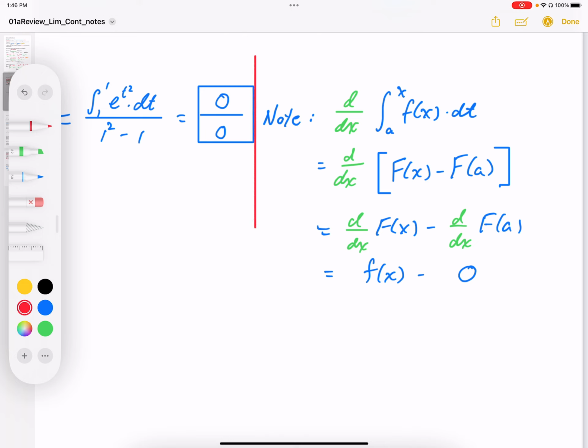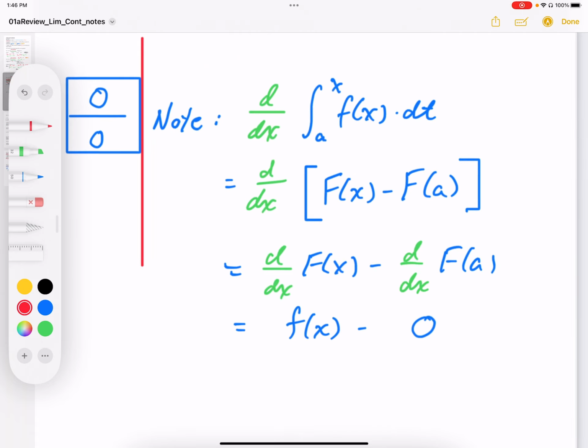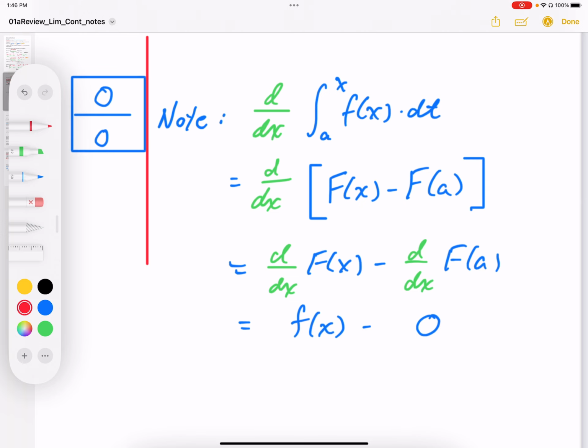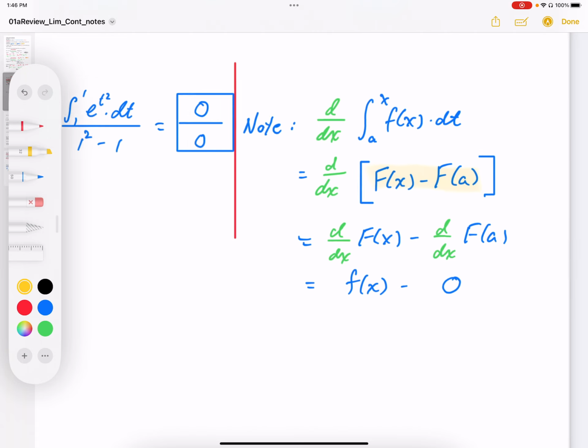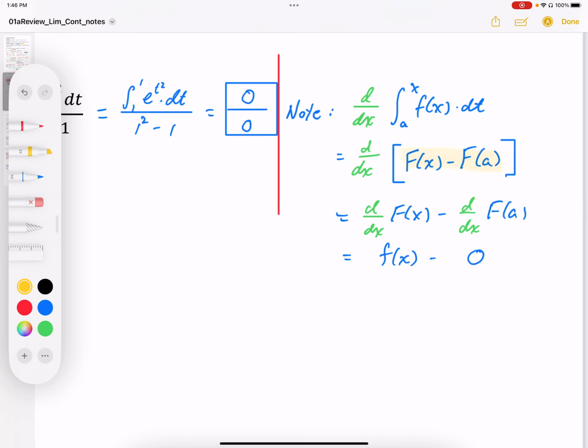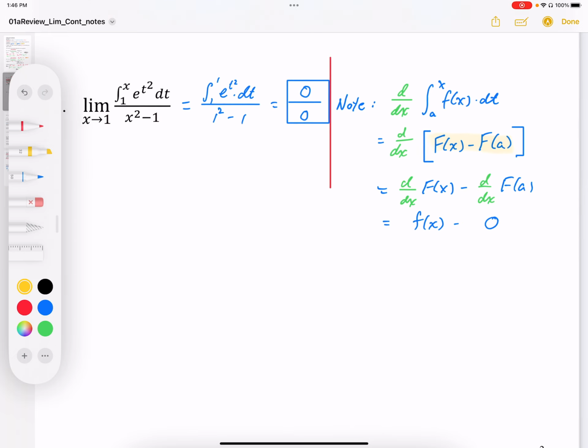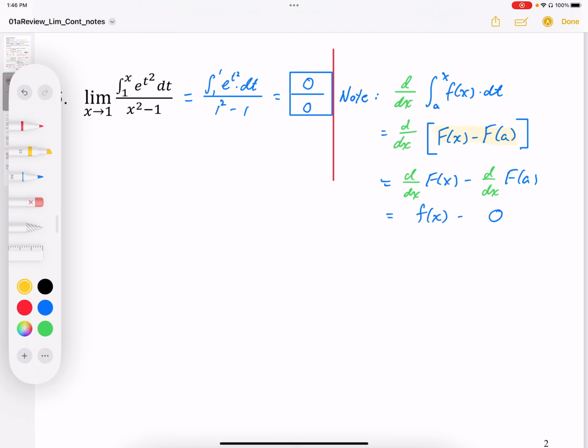We can justify this because if we integrate f of x from a to x, we're going to have big F of x minus big F of a. And differentiating that, we're going to have the derivative of big F and the derivative of big F of a. Well, the derivative of big F of a becomes 0. The derivative of big F becomes small f. So we can see how the integral and derivative kind of undo each other. We don't need to show that part, but that's why it works.